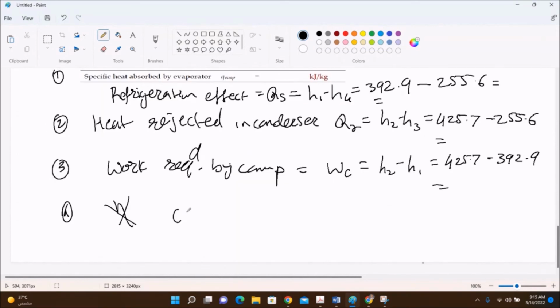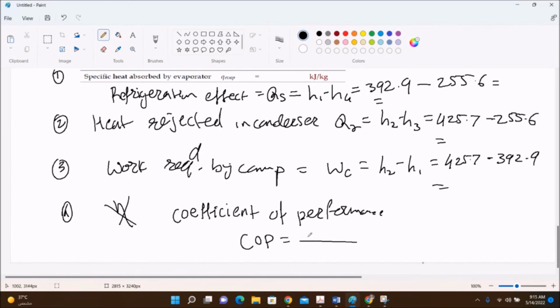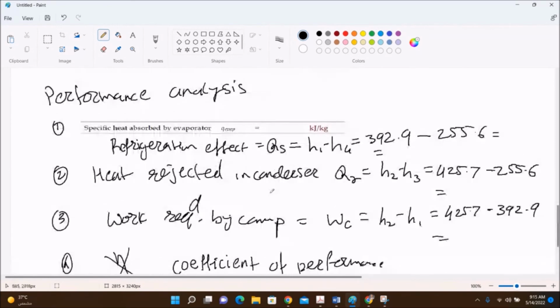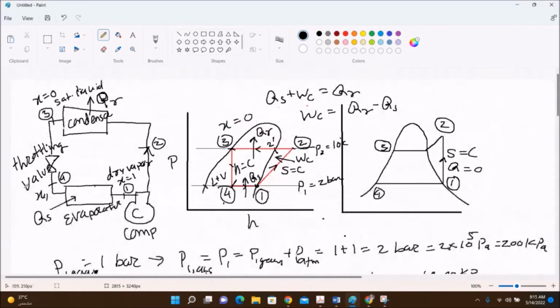Another terminology used is called coefficient of performance. COP is like efficiency, output by input. So what is the output from this system? It is not called output; it is a desired effect. What I want is to absorb the heat from food, to cool the water, to cool the space.